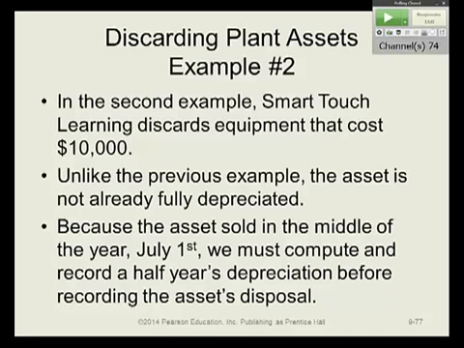On July 1, we have a disposal. The problem is the last time we took depreciation was here. So we need to depreciate for another half a year. So we have to make sure that the asset account is up to date. Now I'm going to put some numbers in a second. And again, realize that the next time you take depreciation is December 31 out here.